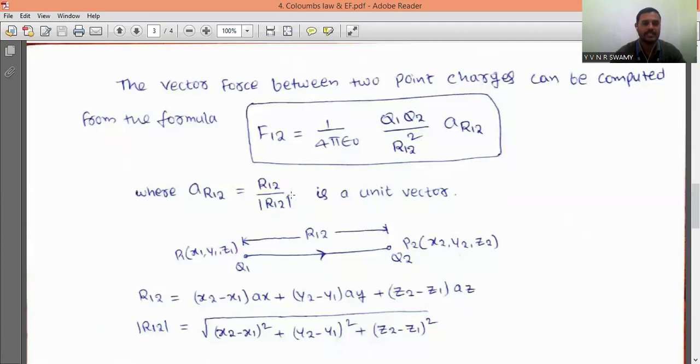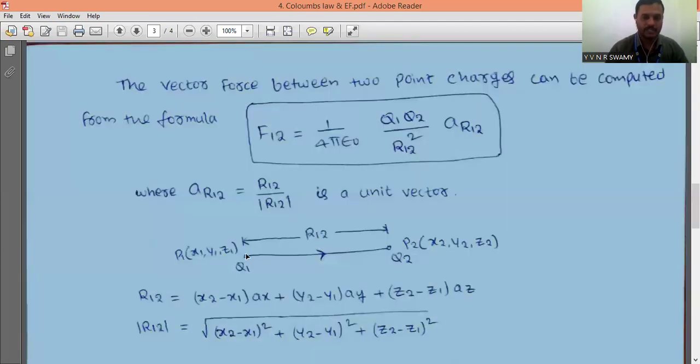Okay, now we'll see here. We are taking 2 point charges, Q1 and Q2. So now the direction is from Q1 to Q2. Q1 is at point P1 of X1, Y1, Z1. And Q2 is at point P2 of X2, Y2, Z2.